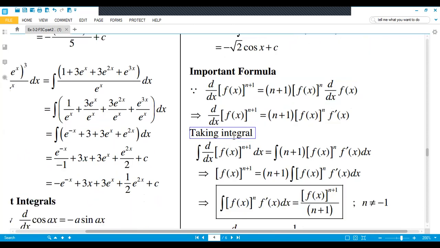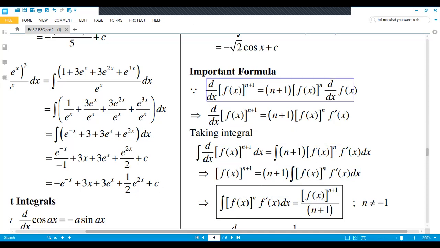For integration, what will be the rule? If something is in the power, that power will divide, and its further derivative will come in the numerator.